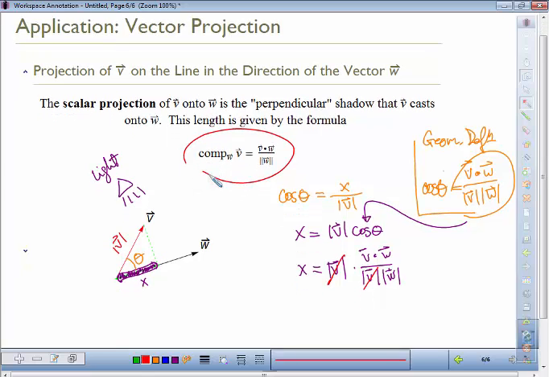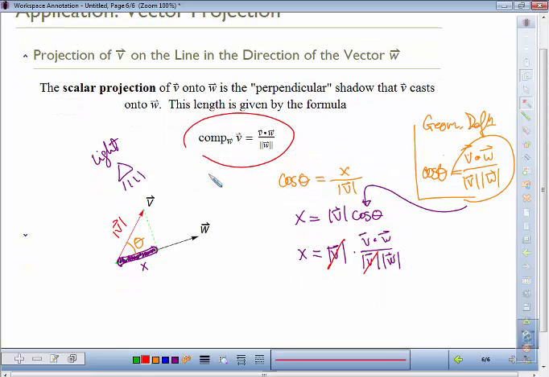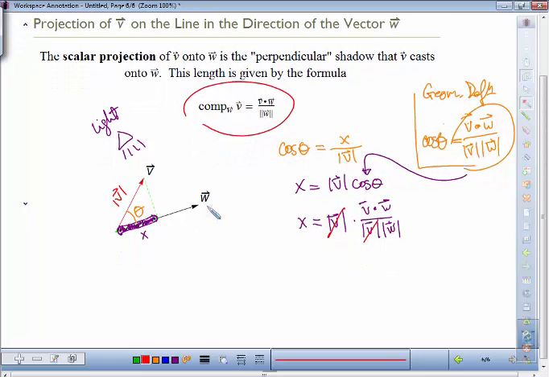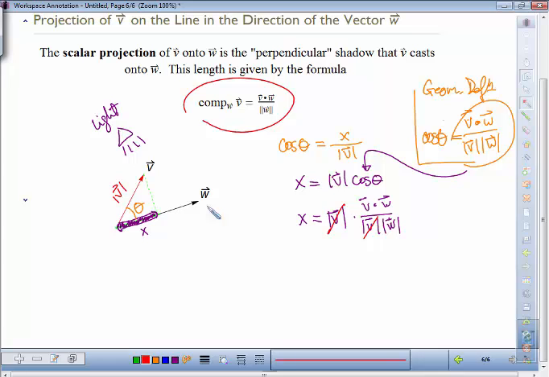All right, now I said that the scalar projection gives you a scalar value. It gives you the length of this thing. What if I want this vector?